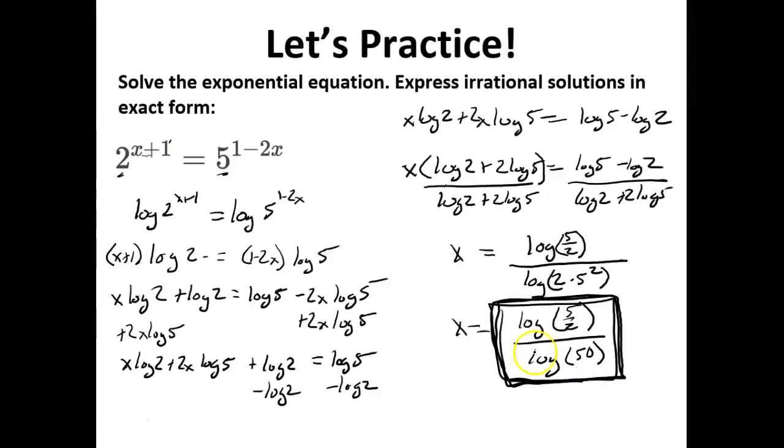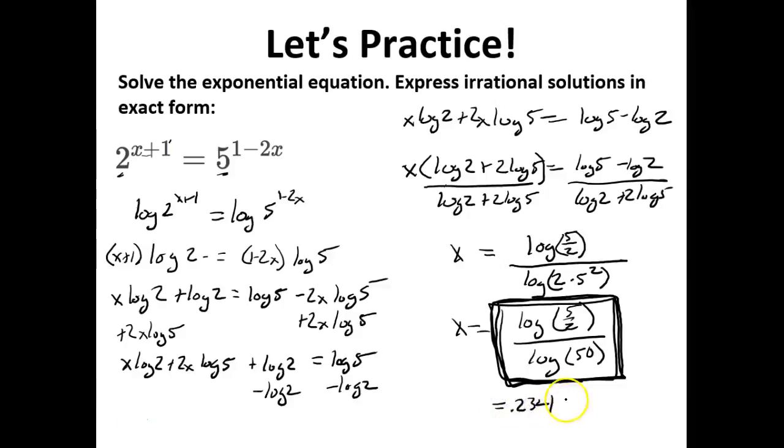Now the irrational solution, if you were to actually type it in onto your calculator, so type in log of 5/2 divided by log of 50, the number you're going to get is 0.234.